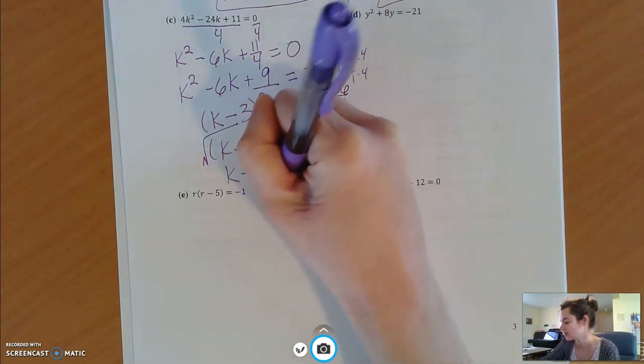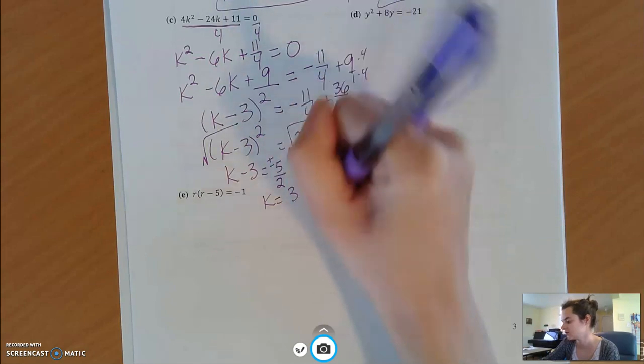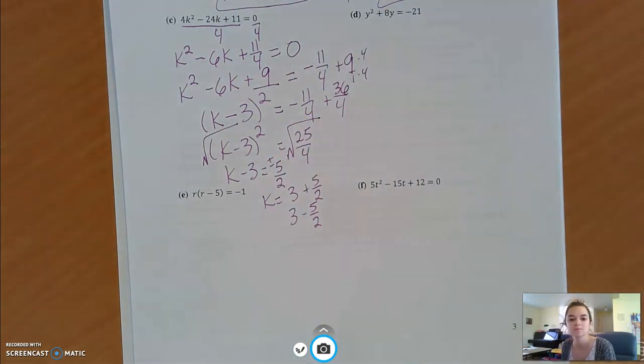So then we'll have k equals 3 plus 5 halves, or we could have 3 minus 5 halves. Okay? And since 5 halves is a nice, pretty rational number, it's not irrational, it's not stuck in the square root, we can go ahead and add those things together and simplify it a little bit further. Okay?